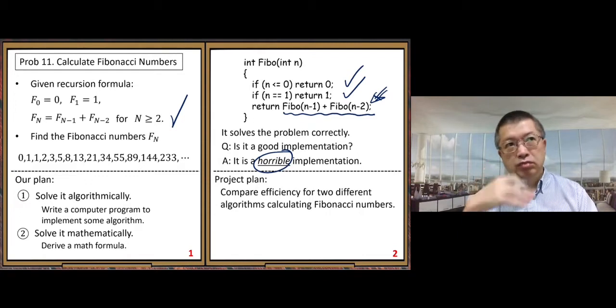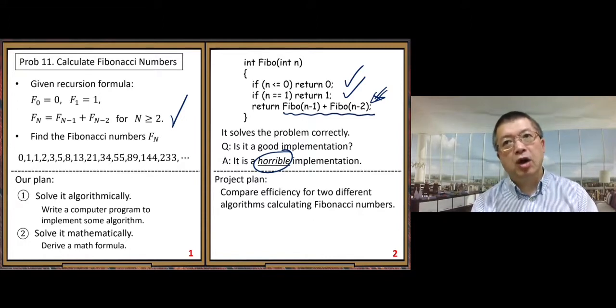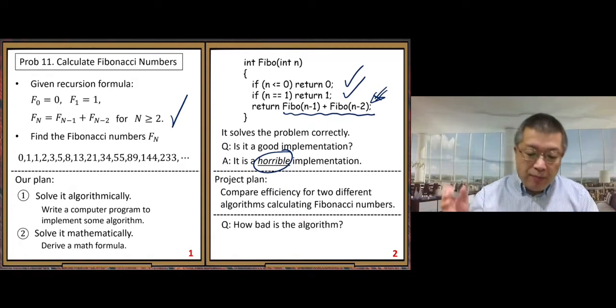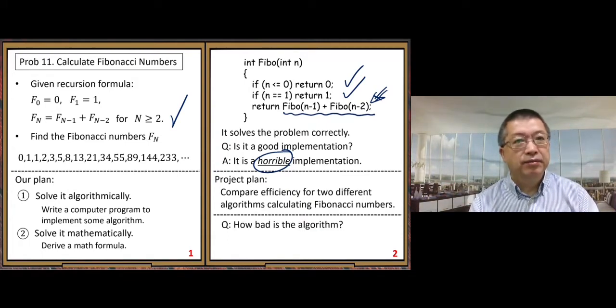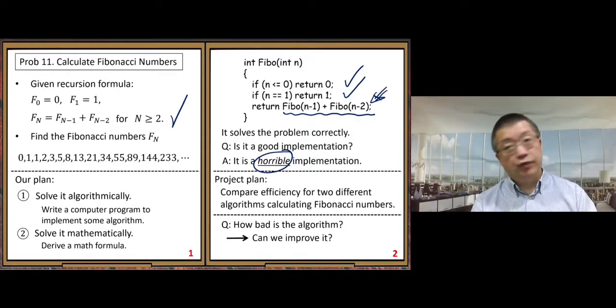I will give you the details of those 3 algorithms. Then you write the programs to compare their efficiencies. How bad is the algorithm? Very bad, but we need to know why it is bad, right? After that, can we improve it? Yes, we can. We have a lot of different ideas to improve the algorithms.